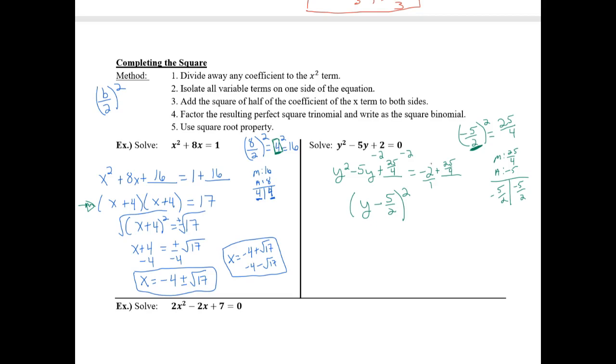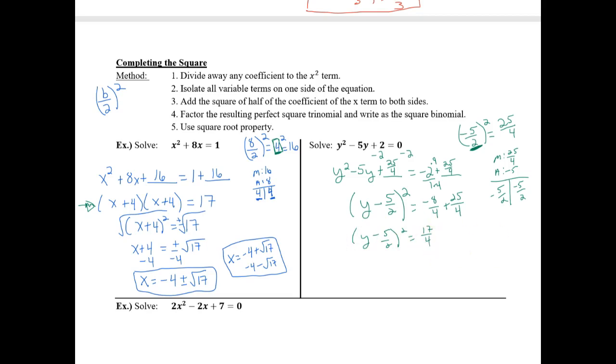So 4, multiply here by 4 and by 4, and I'll have negative 8 fourths plus 25 fourths. That's going to simplify down to a positive 17 fourths.